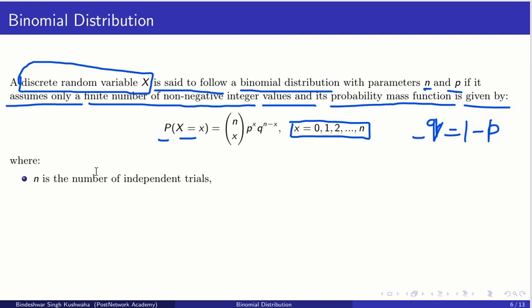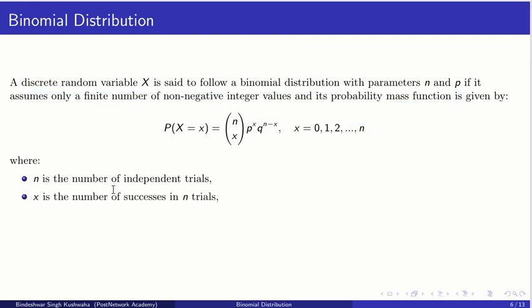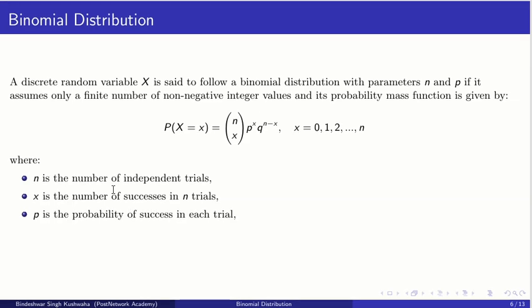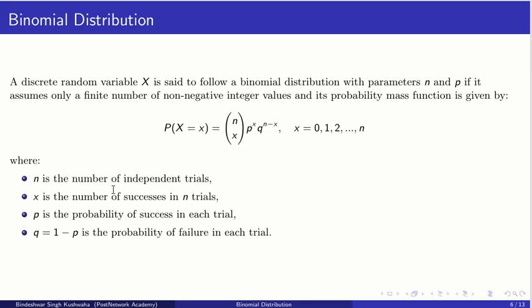Where n is the number of independent trials, x is the number of successes in n trials, p is the probability of success in each trial. Remember, p is the probability of success in each trial. And what is x? x is the number of successes in n trials. And q is the probability of failure in each trial.